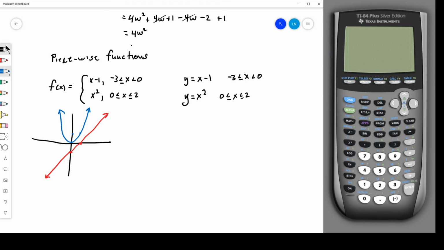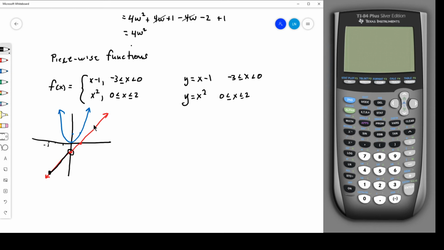Now, what happens when I think about the restrictions? The line is only defined from -3 to 0. Here's -3, so I come down and here's -3 on my line, and we're including -3. Here's 0, and we're not including 0. So this black part is the only part of the line I'm interested in.